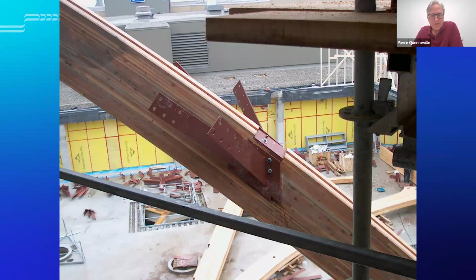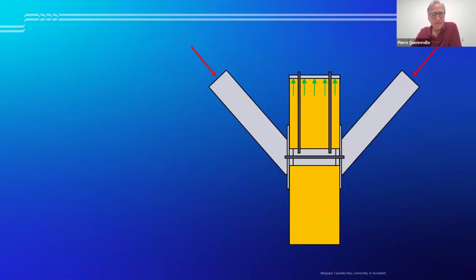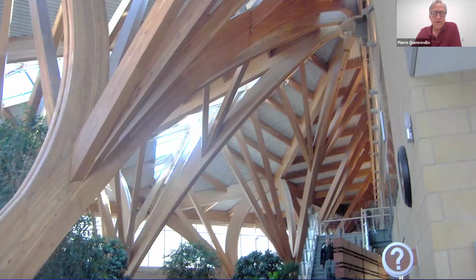This is more or less what was involved in designing each of these connections. A lot more involved, but very interesting to do. And that was the final cross section. Everything looked very nice in that structure at the end, and it's really a nice case study to show.